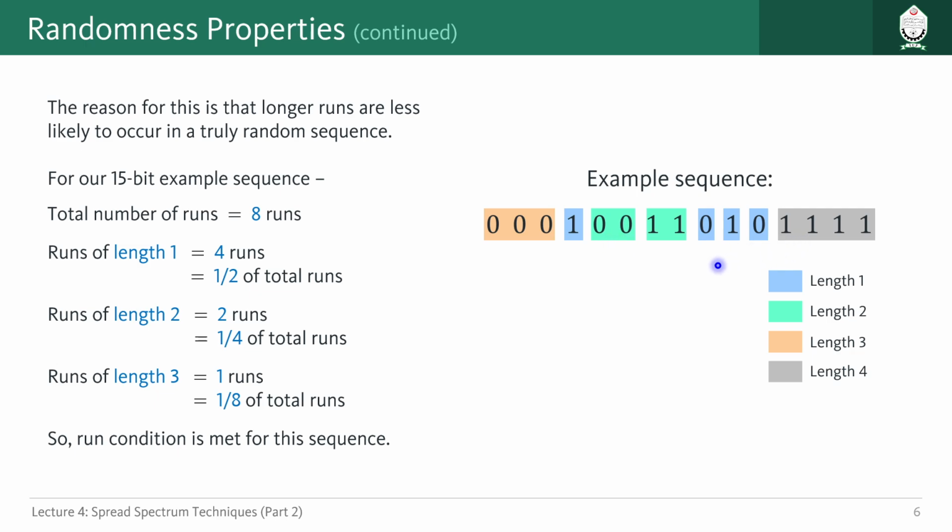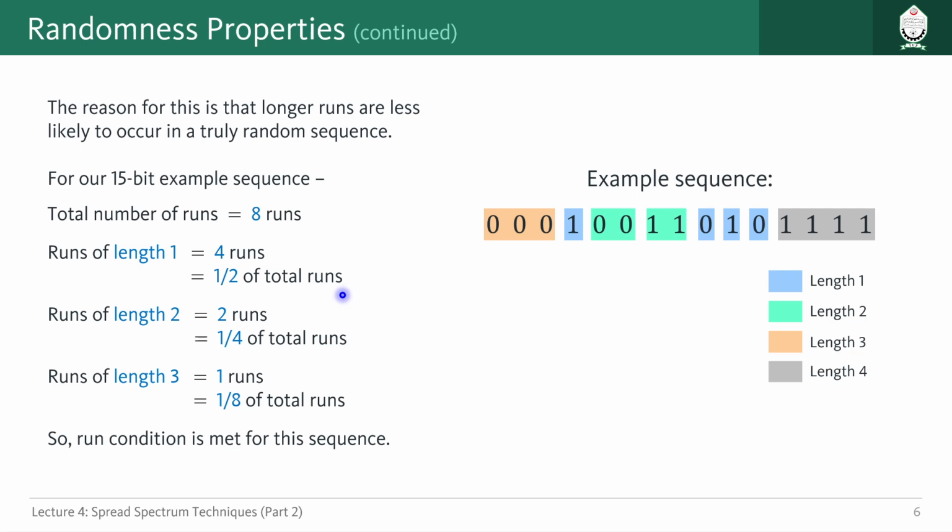In this way we have a total of 1, 2, 3, 4, 5, 6, 7, 8 runs, and from those 8 runs, how many are of length 1? This one, 1, 2, 3, 4. So we have 4 runs of length 1, which is half of 8, the total number of runs. That's why we can say half of the total runs are of length 1.